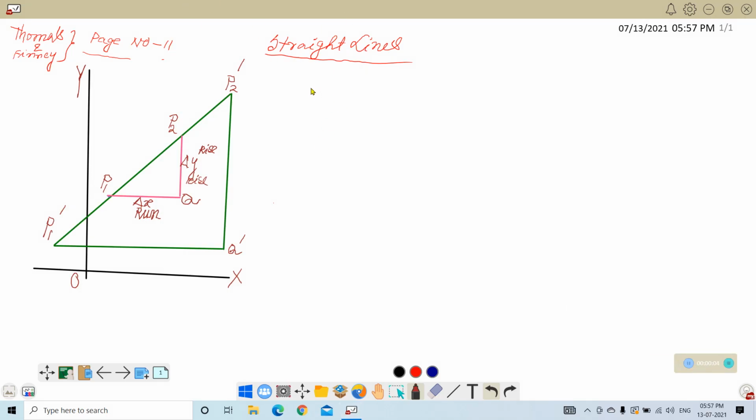In this class, we shall discuss straight lines. In the book, I have recommended Thomas and Finney, and the soft copy of this book has been uploaded.